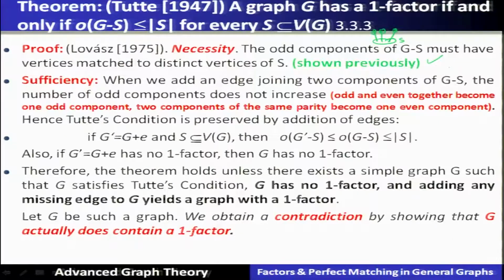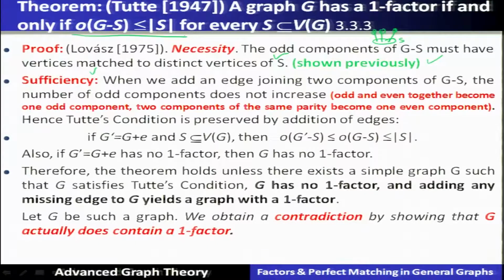Hence, this necessary condition is proved. Now, let us look at a more detailed sufficient condition. If this property exists, then we have to prove that the graph has a one factor.